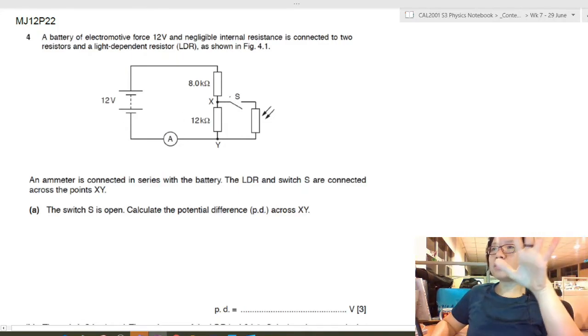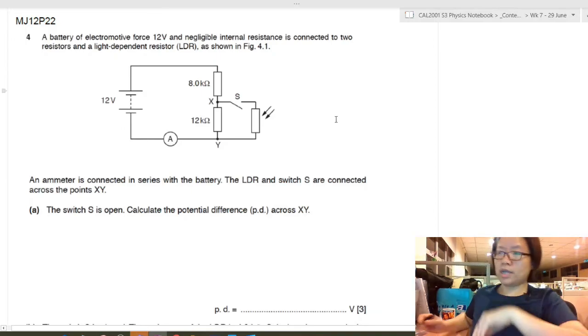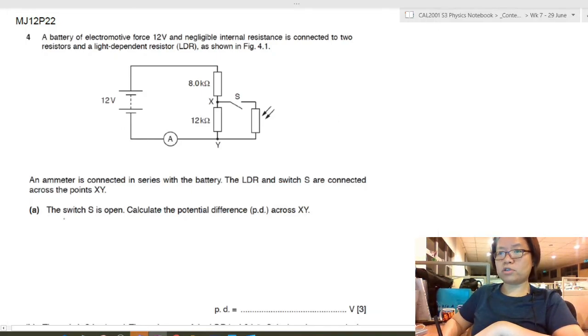Okay, so when S is open, you can assume the LDR is not there. If you want to find the potential difference across XY, this is a very nice bonus. We can use ratios. XY's portion is 12. Total resistance in that branch would be 12 plus 8, and you are sharing 12 volt.